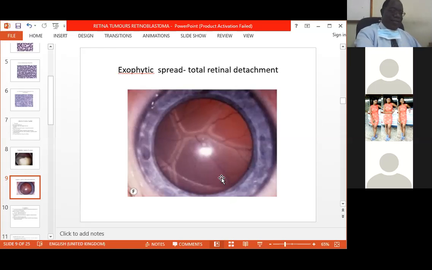It's like a transparent membrane. Yes, because behind there, which is below the retina, there is fluid which has led to detachment. So separation of the retina away from the other layers is what we refer to as retinal detachment.